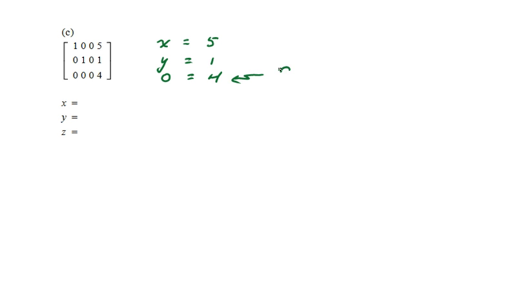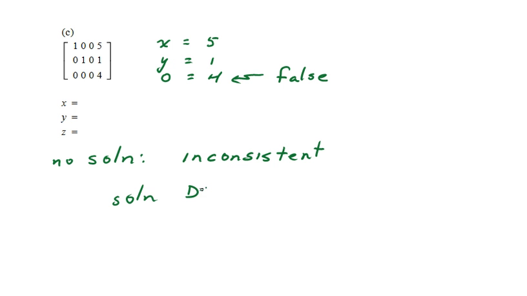Since 0 equals 4 is a contradiction, there are no solutions. So the solution, no solution, system is inconsistent.